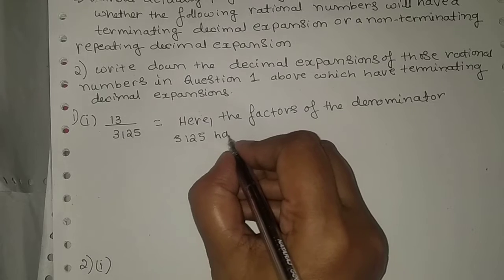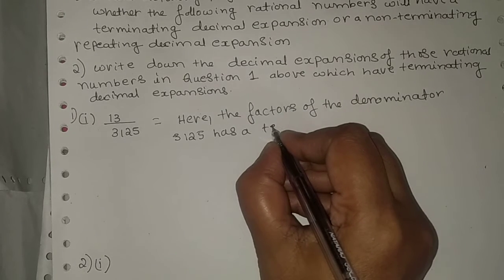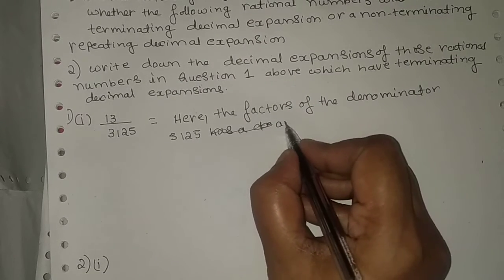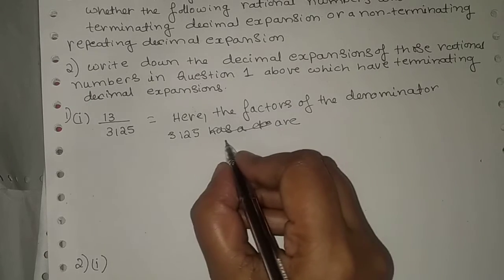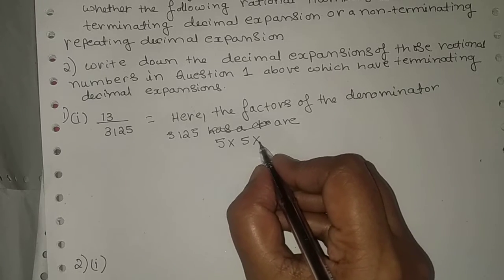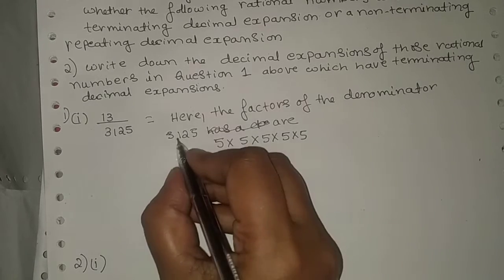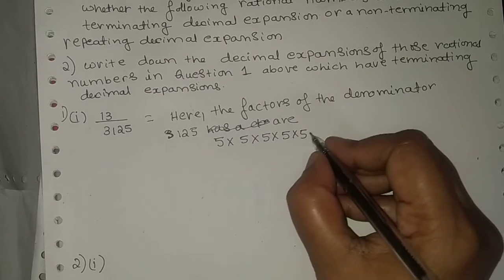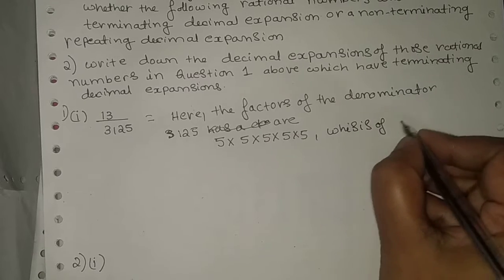Here the factors of the denominator are 5 into 5 into 5 into 5 into 5. We have to do the working separately; there's no need to show the working. Factorize separately in your working sheet, then just write down the form.